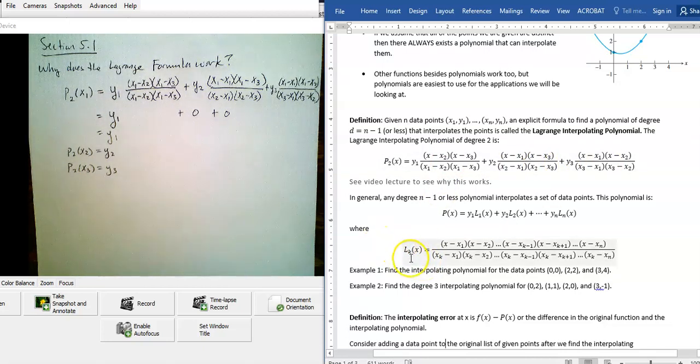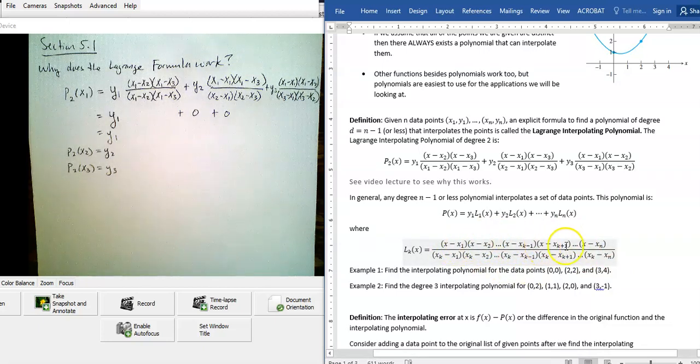You can see when L is 1, we get our values here. When L is 2, we just substitute in the 2 for our K's here. Okay, so this is just a general version.